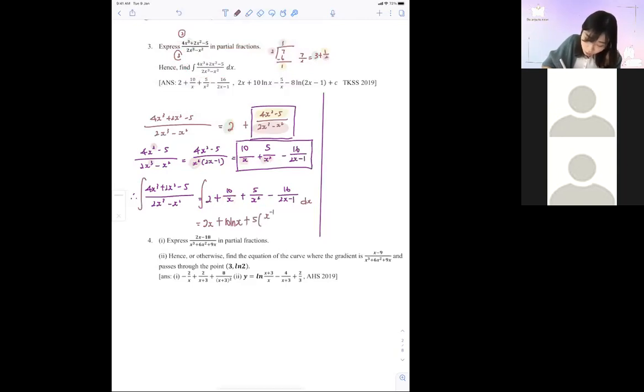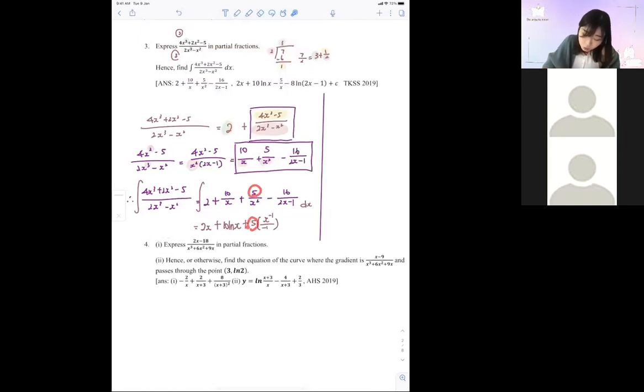So we must do power increase by 1 over new power. Every time if there's a constant and you don't know what to do, you put it outside the bracket. Last one, this is bracket power minus 1, same thing. So it's 16 ln 2x minus 1 divided by the differentiate of the bracket, which is 2, then plus c.